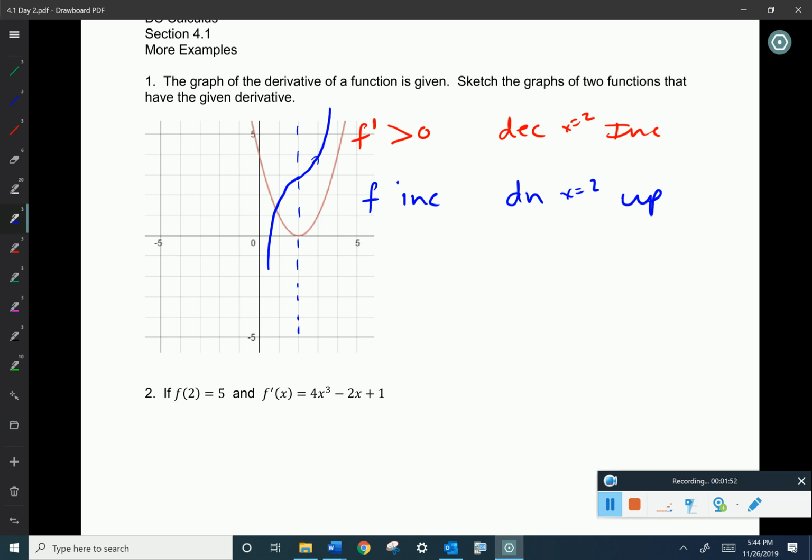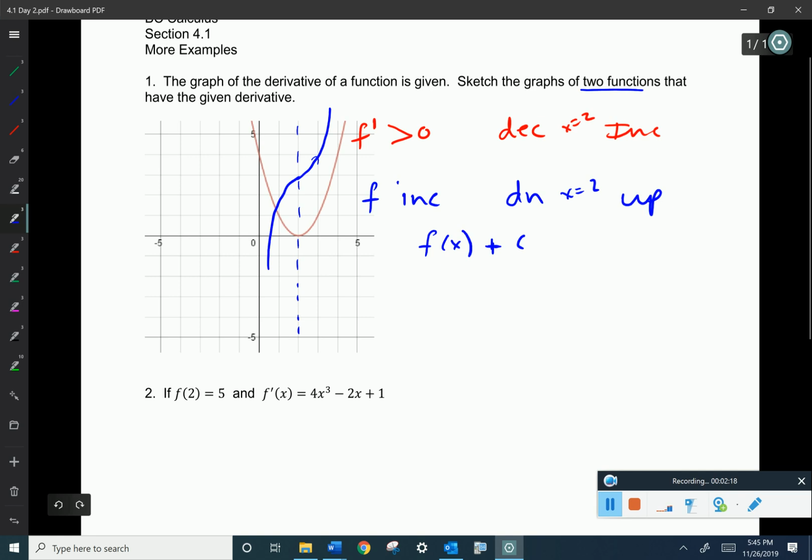But notice it said that they want us to give two possible graphs. Well, remember how we talked about if this is the derivative, the original function might have had a particular constant that was added or subtracted, and the derivative would still be the same. And so if you think about it, if you have an original function, say f of x, plus or minus c, what's that going to do to the graph?